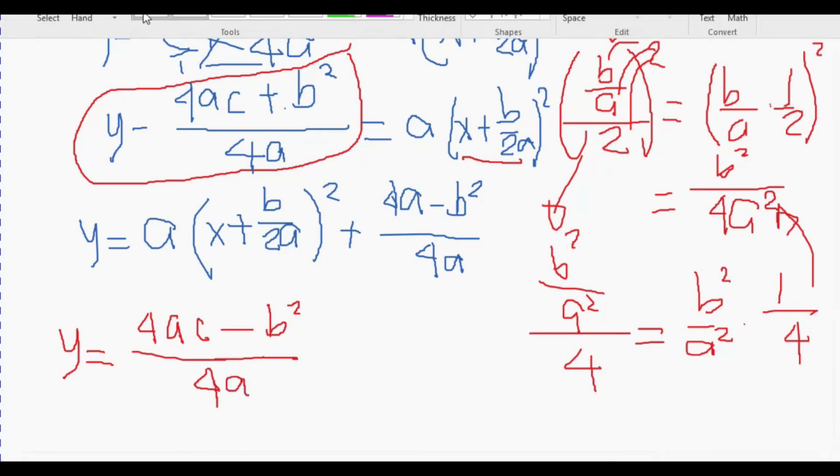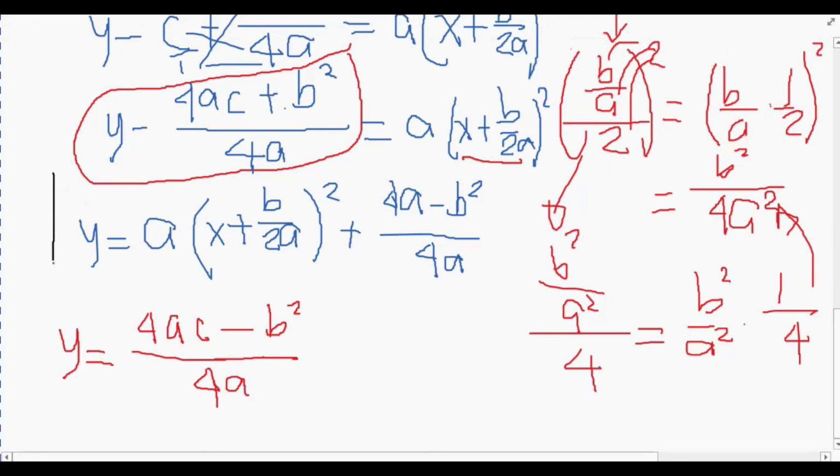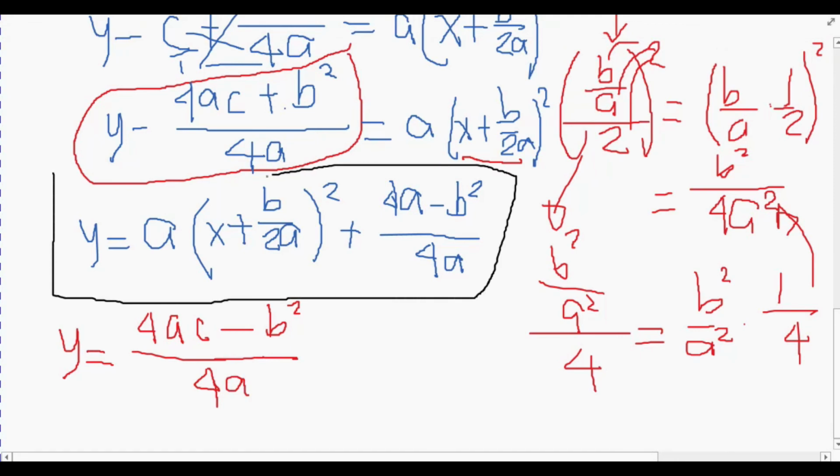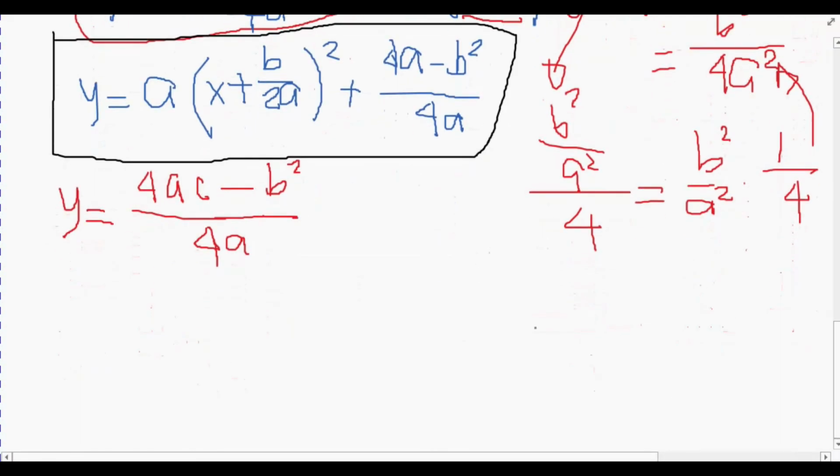By encircling, this is the box. So this is the resulting quadratic function that we have derived. Now for your x, it is in this part.